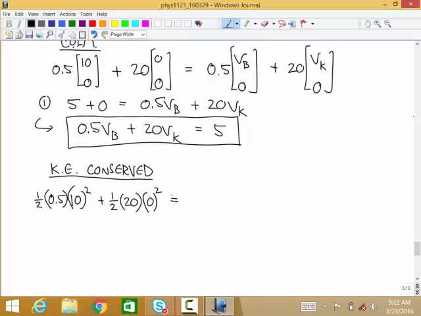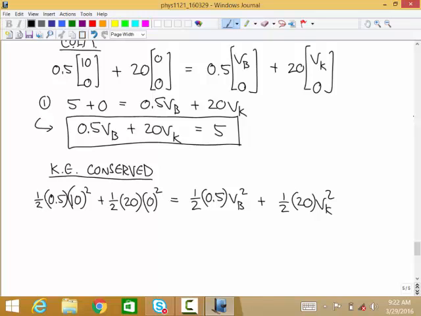And that's equal to the sum of the kinetic energies after the collision. So 1/2 times 0.5 times VB squared plus 1/2 times 20 times VK squared.